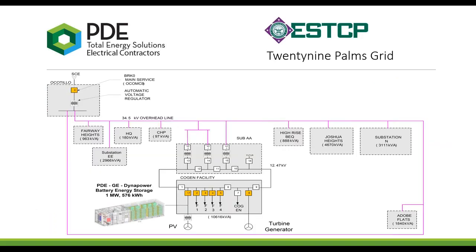This is a copy of the single line. At the bottom you see the battery energy storage, a Dynapower inverter again, and a GE Durathon battery coupled directly to a 1247 PV array. The existing PV array is a 1.1 megawatt DC PV array. The microgrid is a 10 megawatt microgrid with a 7.1 megawatt Caterpillar gas turbine engine.